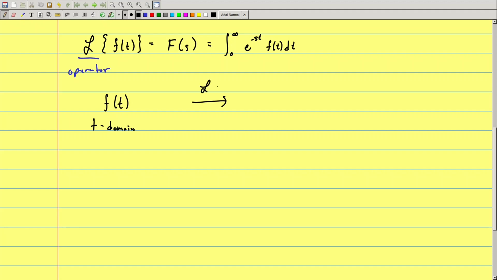We apply the Laplace transform to it, and we end up with this, which is in the s domain. The domain references, of course, have to do with what the independent variable is for the function.